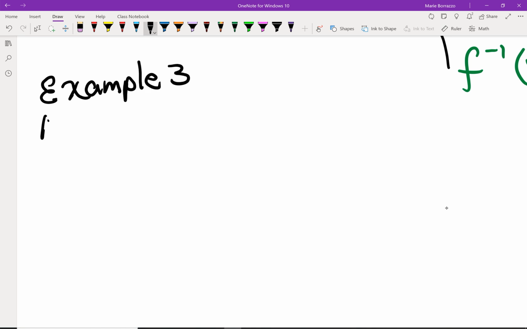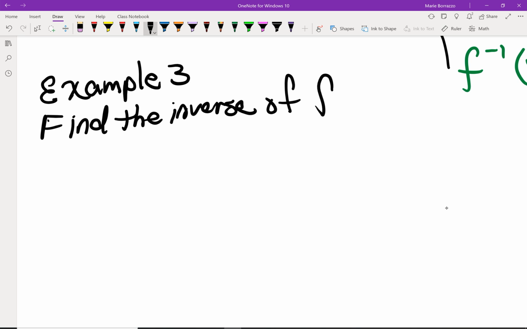We're going to find the inverse of f of x is equal to x cubed plus 1. Okay, so before you start to panic and hyperventilate, here we go. Same process.